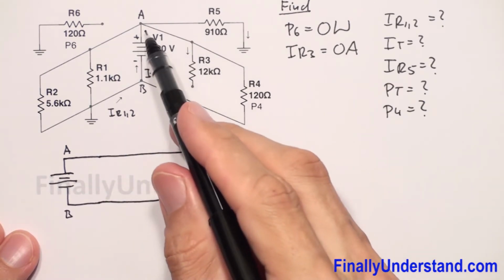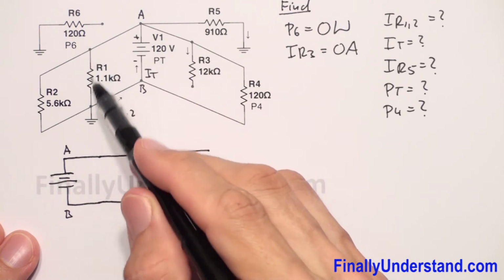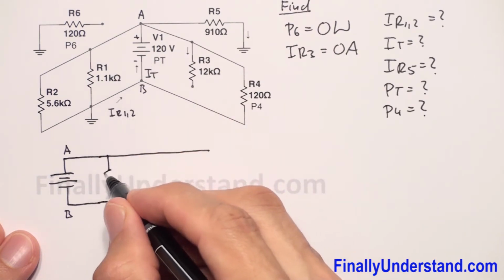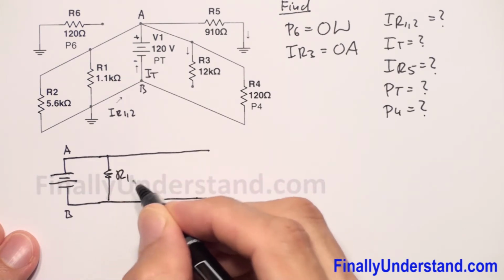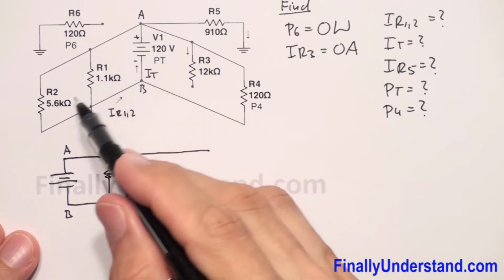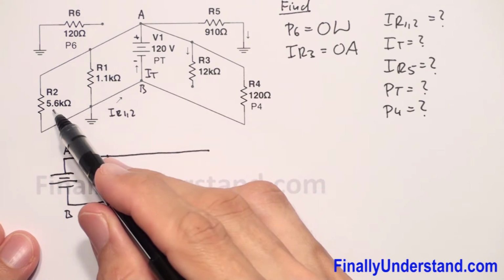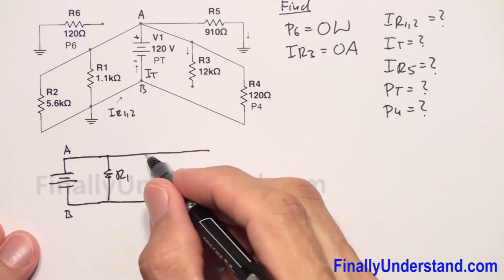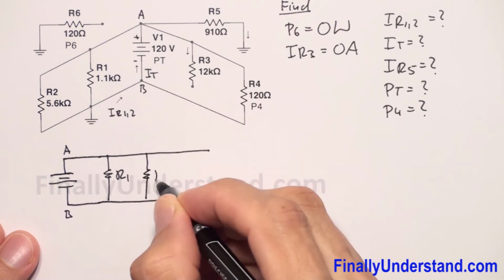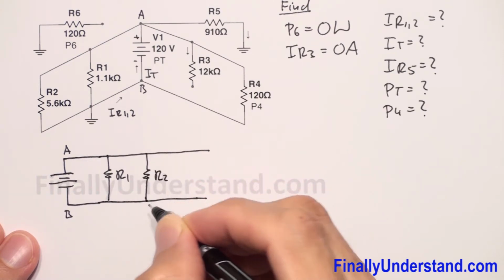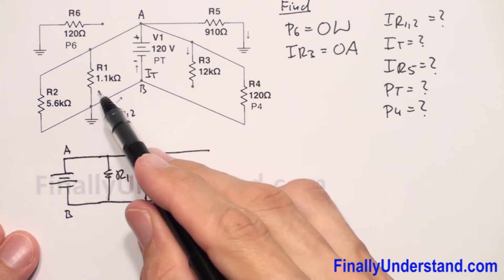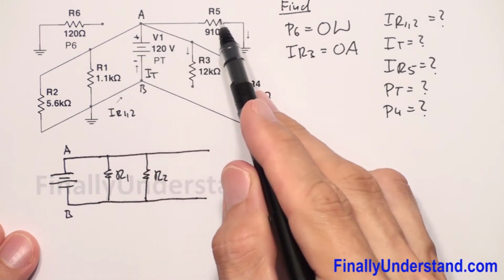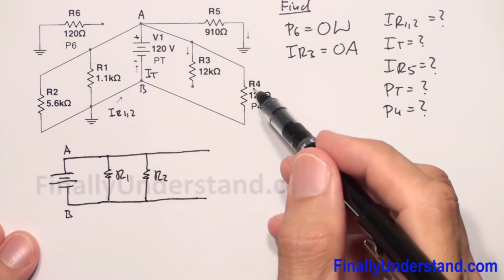Now we have resistor R1 connected across the voltage source. So this is going to be my R1 over here. I have R2, right? R2, over here. I have also the positive terminal connected to R5, and also I have R4.